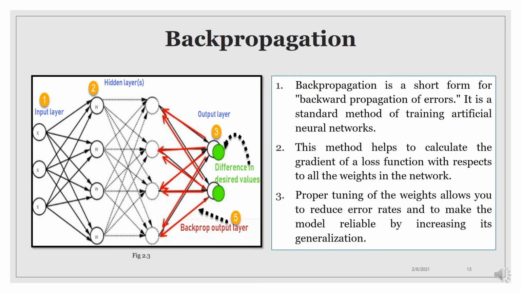Then comes back propagation. Back propagation is one of the very important topics in feed forward neural networks, because it lets you go back and resolve your errors, right? So if I take an example, here you can see the input layer. You have an input in the form of x, carrying some weight, and you have some desired output, like 0.123, right?